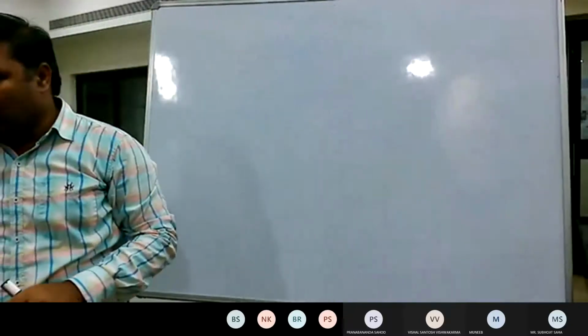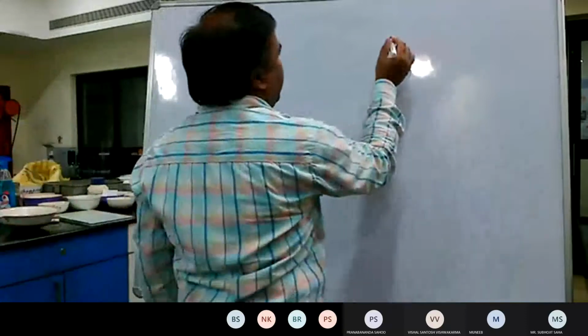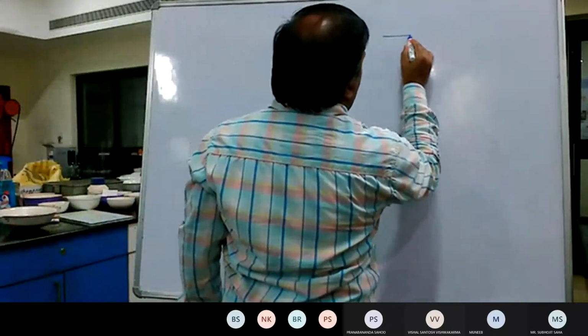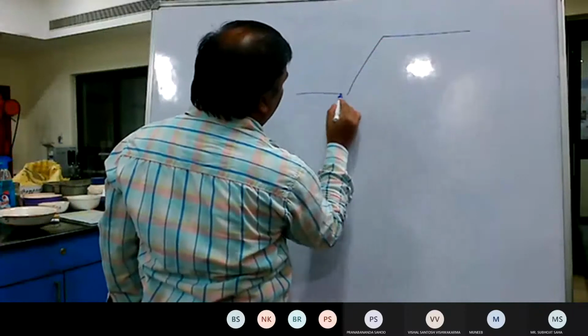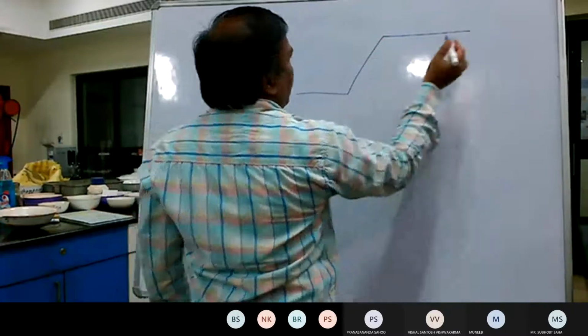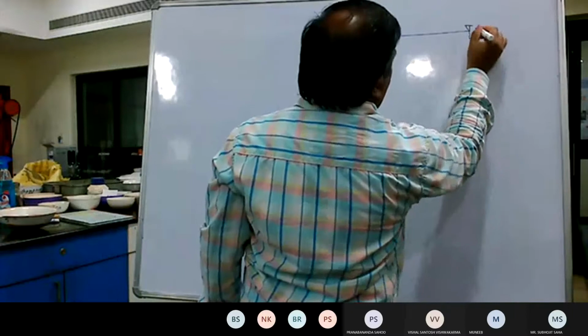Okay, so this is all about the infinite slopes. So now let us consider the finite slopes. So we have some time. Say, so I can take, so this is a small finite slope. So this is natural ground.